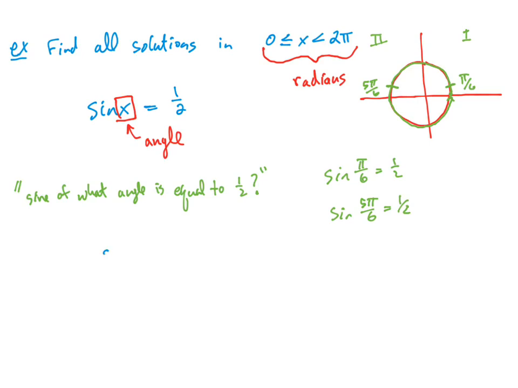To solve this, it's kind of like taking the inverse, like saying sine inverse of 1/2 is equal to x. But we want to find all possible values. So the possible values are x equals pi over 6 and 5 pi over 6. That is our solution.